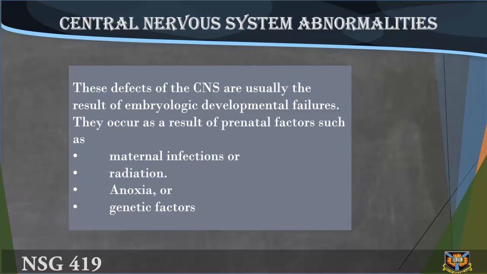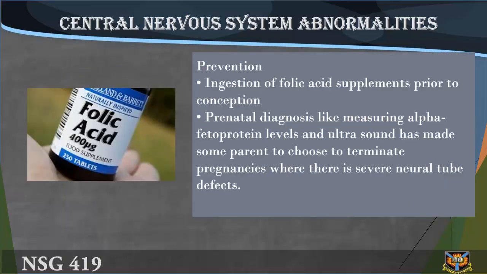Central nervous system abnormalities. These defects of the CNS are usually the result of embryologic developmental failures. They occur as a result of prenatal factors such as maternal infections or radiation, anoxia, or genetic factors. Prevention.